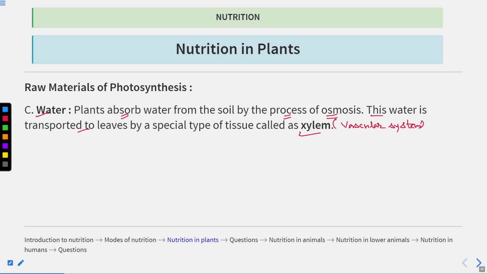All right. Now, what is osmosis? Osmosis is the transfer or the transport of the solvent molecules. So what happens during osmosis?